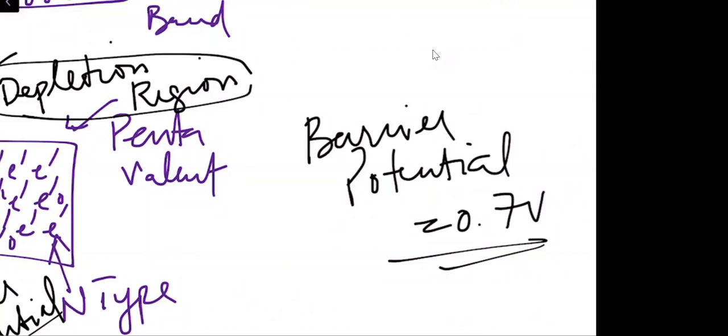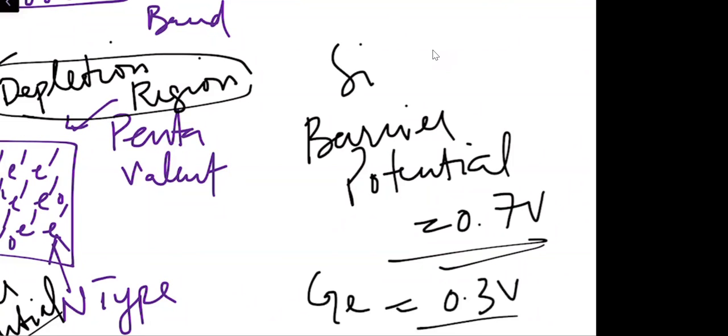And if it is made up of germanium, the barrier potential is normally 0.3 volts, right? So depending upon the material we are using, we have this situation.